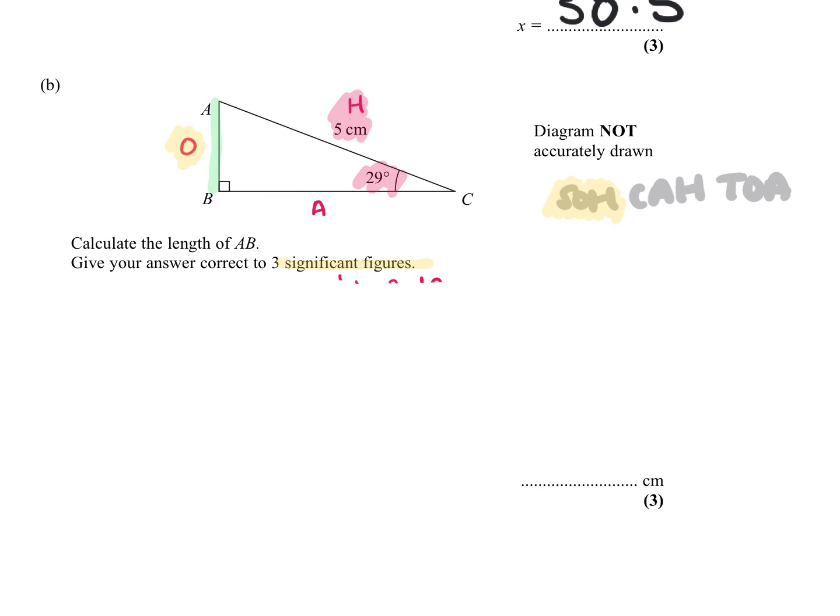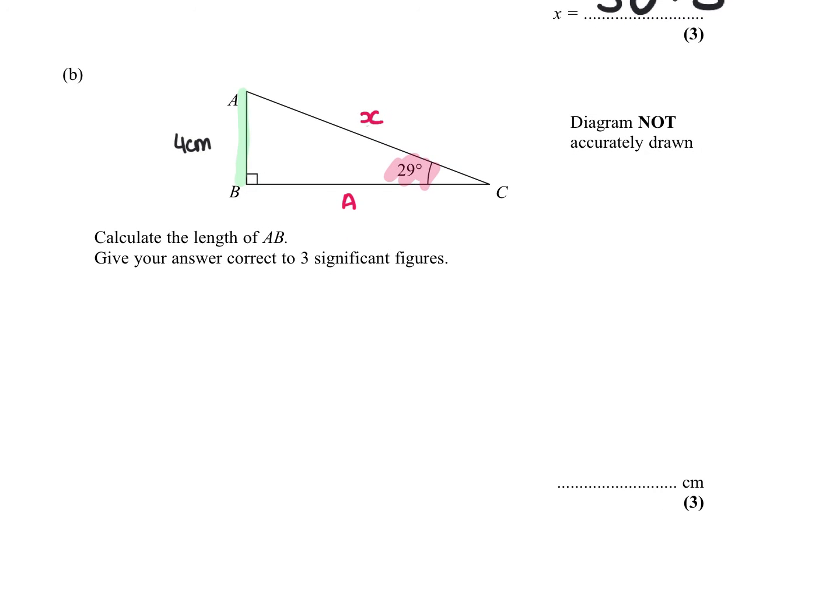We're going to try this question again, but this time, you're told that this is 4 centimeters and you have to find the length AC. Okay? Give that one a go for me.